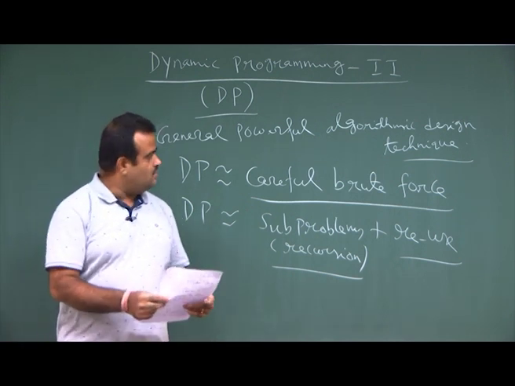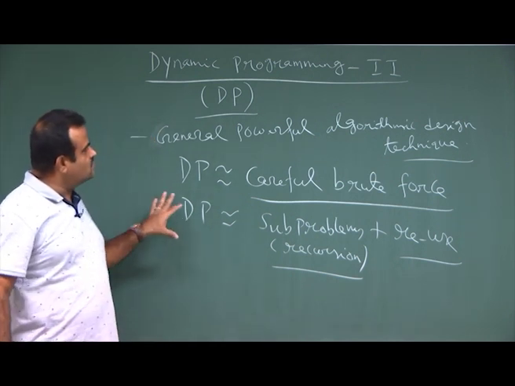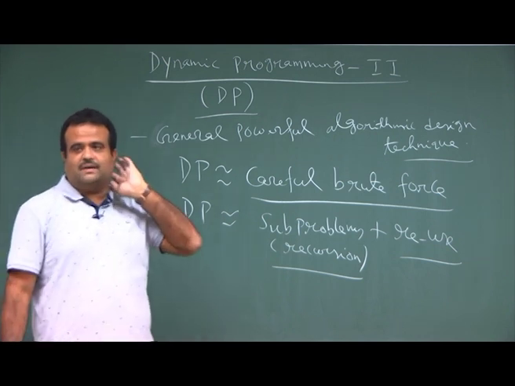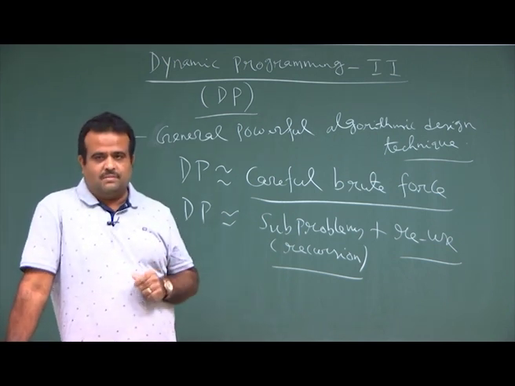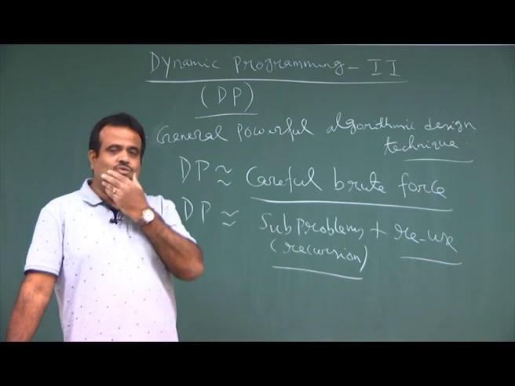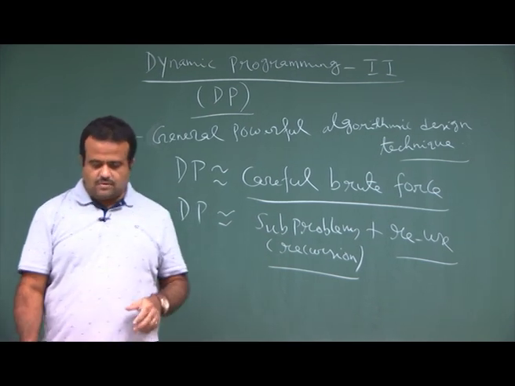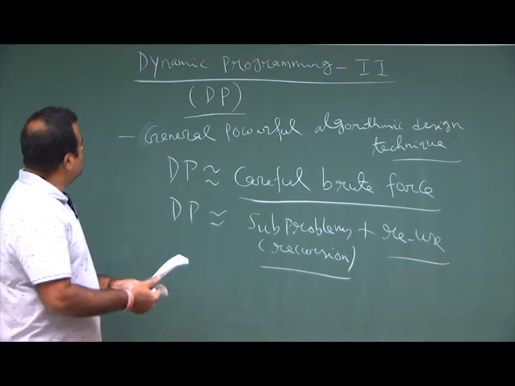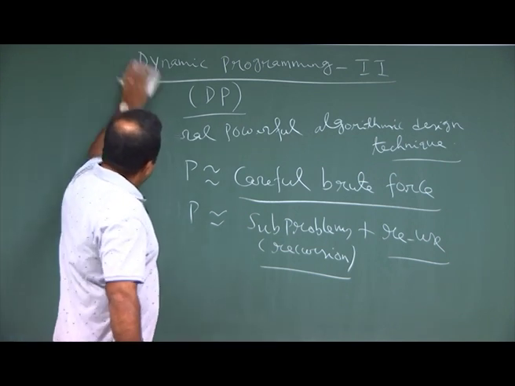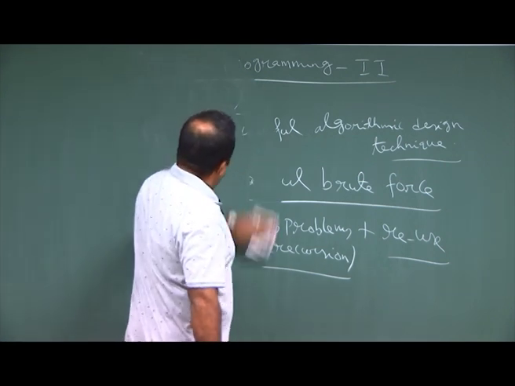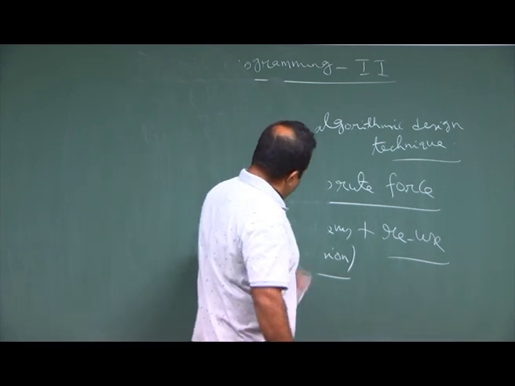We discuss this through some example problems, like finding the Fibonacci number and then the shortest path problem. Okay. So, let us start with the Fibonacci number problem: finding the nth Fibonacci number.